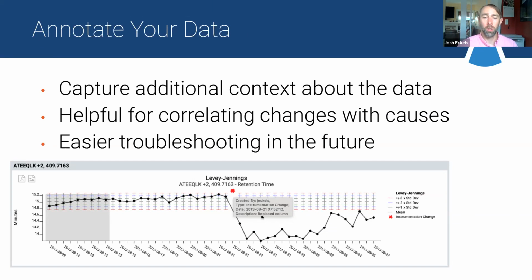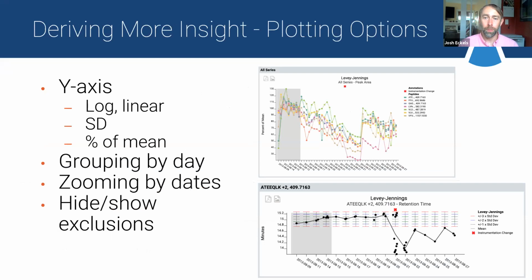But this is a way to just track that. Maybe you do it ahead of time, maybe you do it after the fact, after you've noticed there's a problem, and have that shown in these plots. So again, we can look in the future and hopefully save time if we see a similar trend that we need to troubleshoot next time.